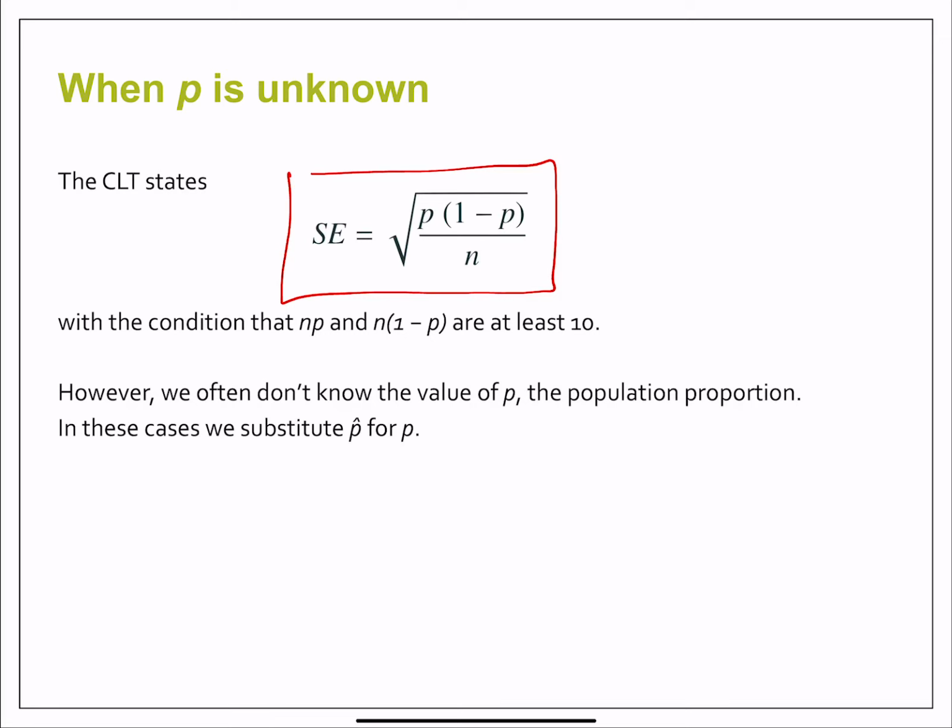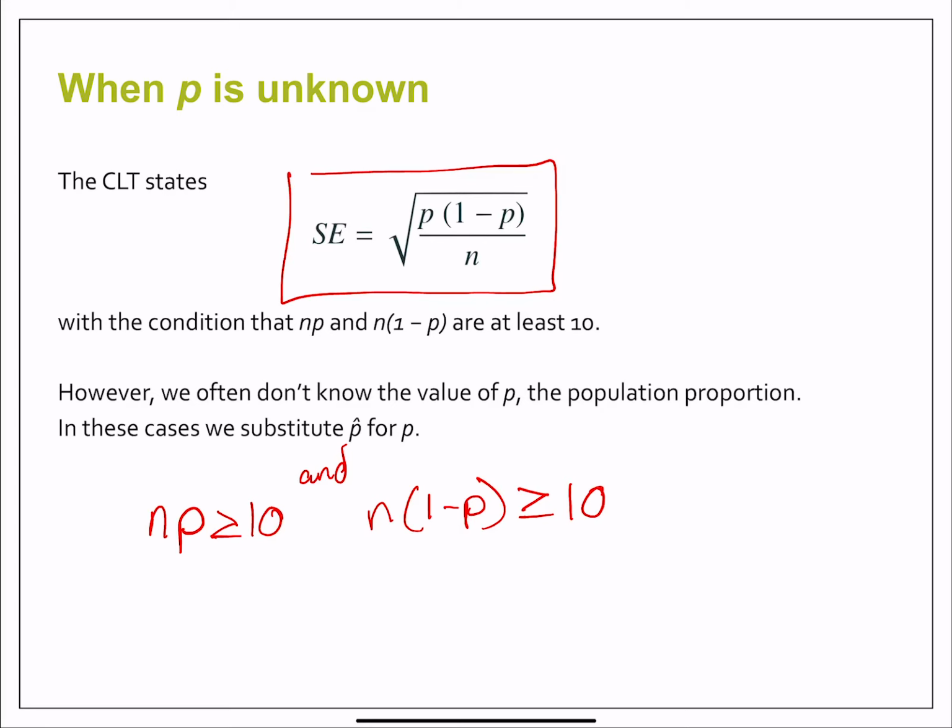Now, for us to find out what our sample size needs to be, we need a sample size such that N times P is greater than or equal to 10, and N times 1 minus P is greater than or equal to 10.